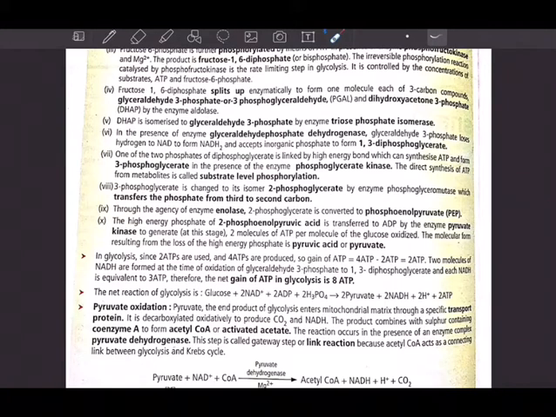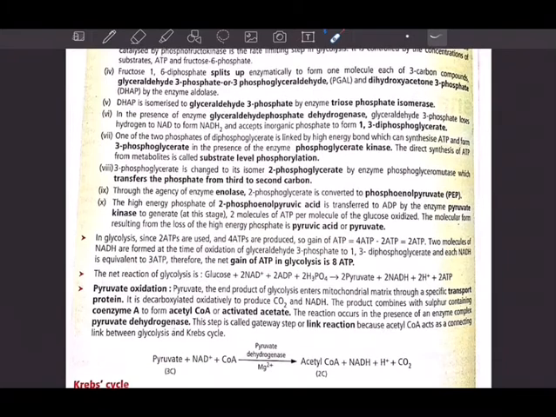Now the high energy phosphate of phosphoenol pyruvate is transferred to ADP by the enzyme pyruvate kinase to generate 2 molecules of ATP per molecule of glucose oxidized. The molecular form resulting from the loss of the high energy phosphate is pyruvate. So 1 molecule of glucose is broken down to form 2 molecules of pyruvate.